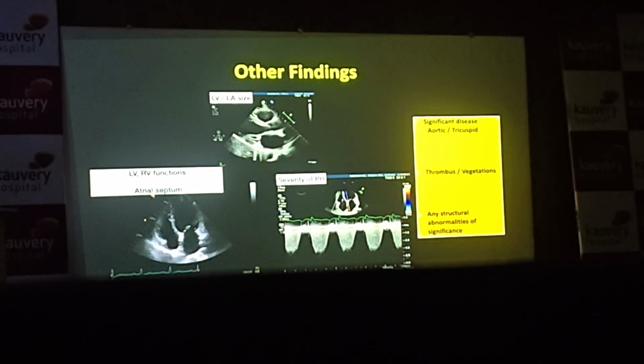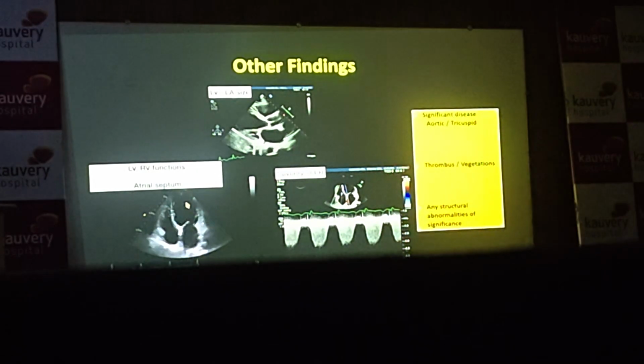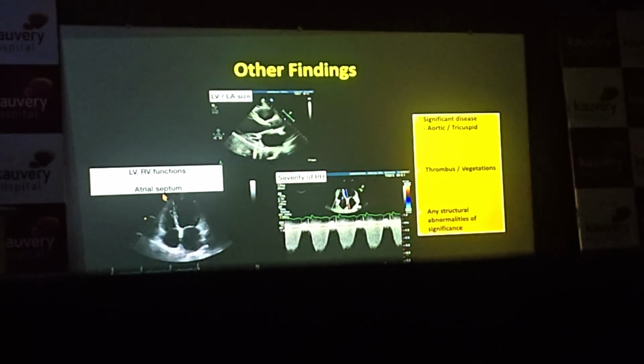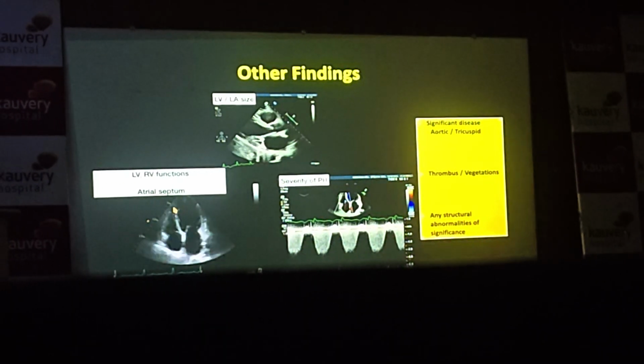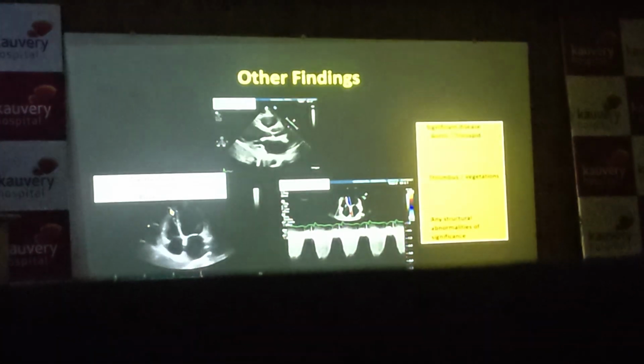And the functions again, LV 20% is where the cutoff is usually recommended, and as far as the RV function is concerned, anything less than 12, 13 TAPSE is the parameter which is used. Of course there are other parameters also. Less than 12, 13 TAPSE, again the outcome may not be so good.